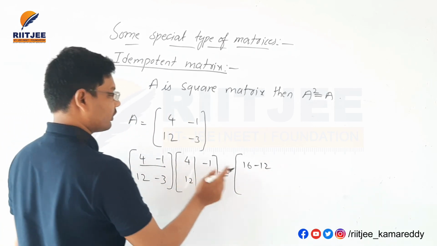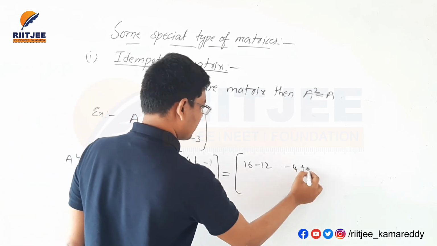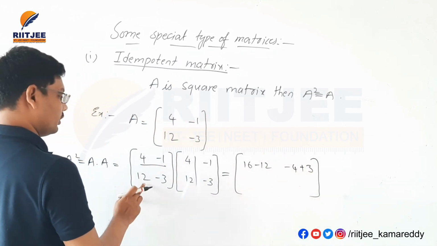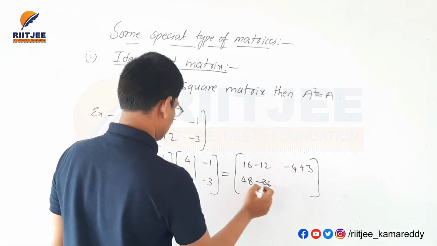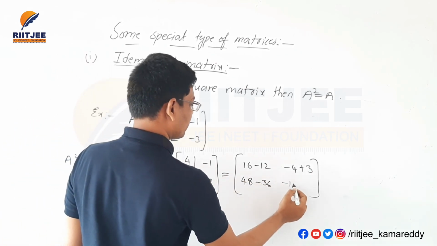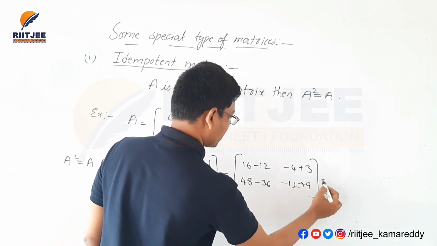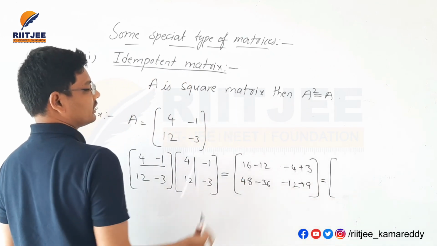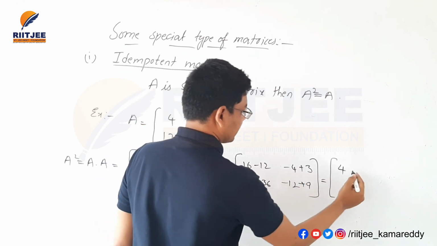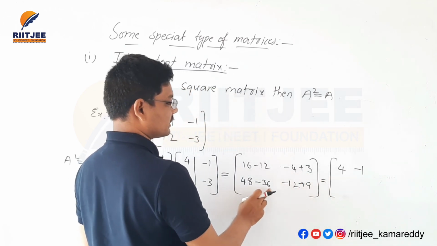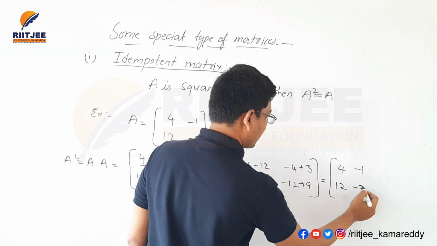Next 4 into minus 1 is minus 4, and minus 1 into minus 3 is plus 3. Next 12 into 4 is 48, and minus 3 into 12 is minus 36. Next 12 into minus 1 is minus 12, and minus 3 into minus 3 is plus 9. So 16 minus 12 is 4, minus 4 plus 3 is minus 1, 48 minus 36 is 12, and minus 12 plus 9 is minus 3.